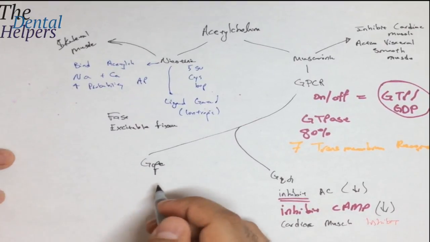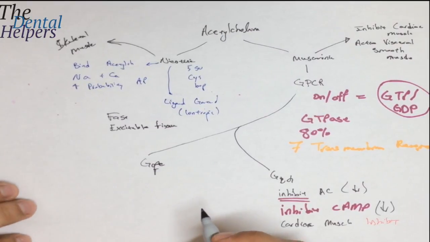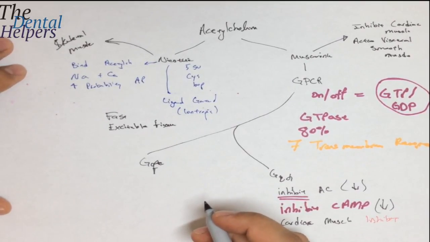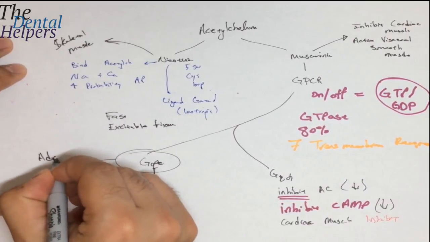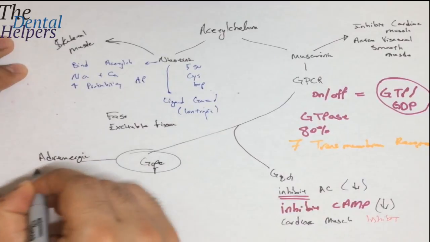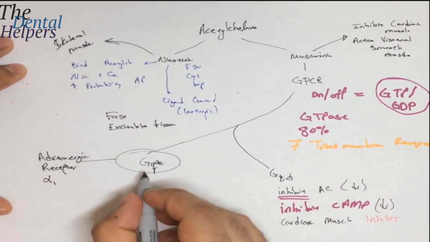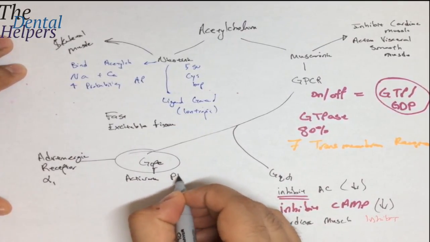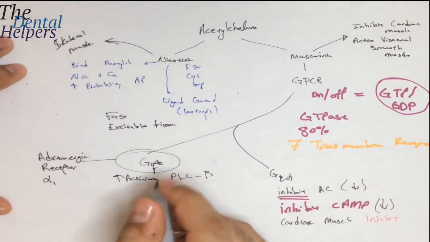Now if we look at Gq alpha, what we said about this is that Gq alpha is related to phospholipase C beta. And this is specifically for the adrenergic receptor. Remember we saw this with alpha 1. And what this does, as we said, it activates PLC beta. It's going to increase the concentration.